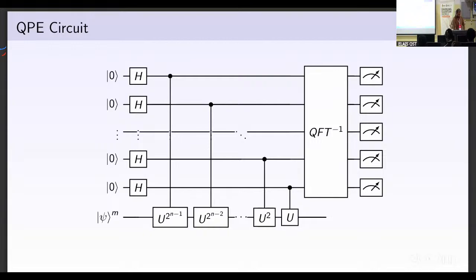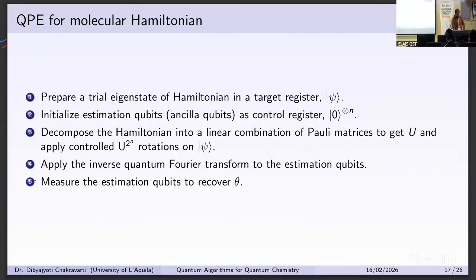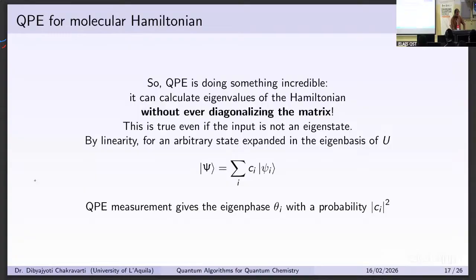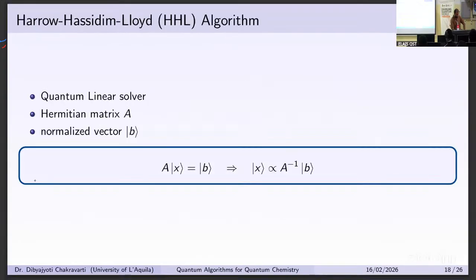So now that QPE is done, let's move on to the other algorithm that I wanted to show. This is an algorithm which had not been used in quantum chemistry till about 2 years ago. This was mainly used to solve optimization problems, quantum finance problems, because those equations are mostly linear equations.